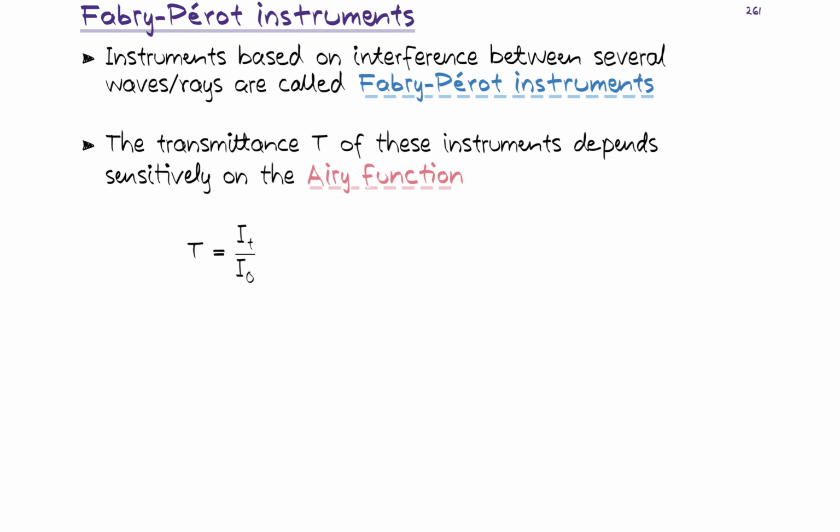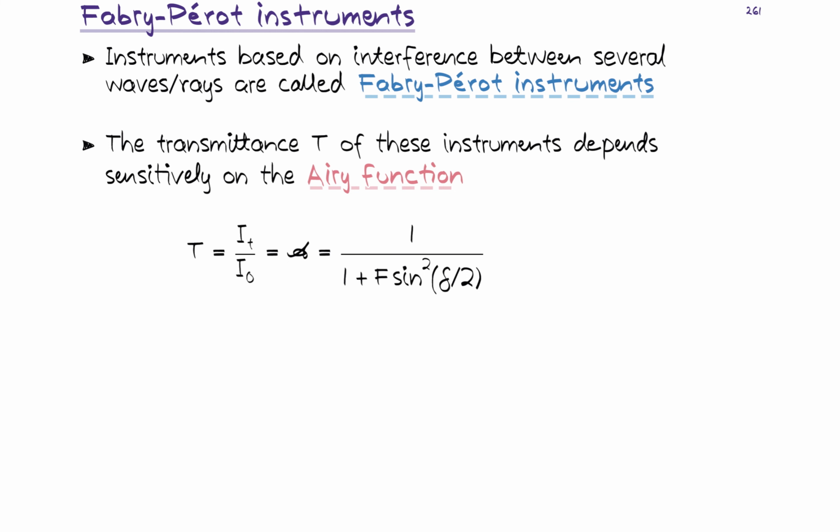So essentially it's the ratio of the transmitted irradiance, I_T, divided by the irradiance of my incident ray, I naught. And in the previous lecture we learned that this is in fact the Airy function A, of the form 1 over 1 plus F, the finesse coefficient, times sine squared of delta over 2.